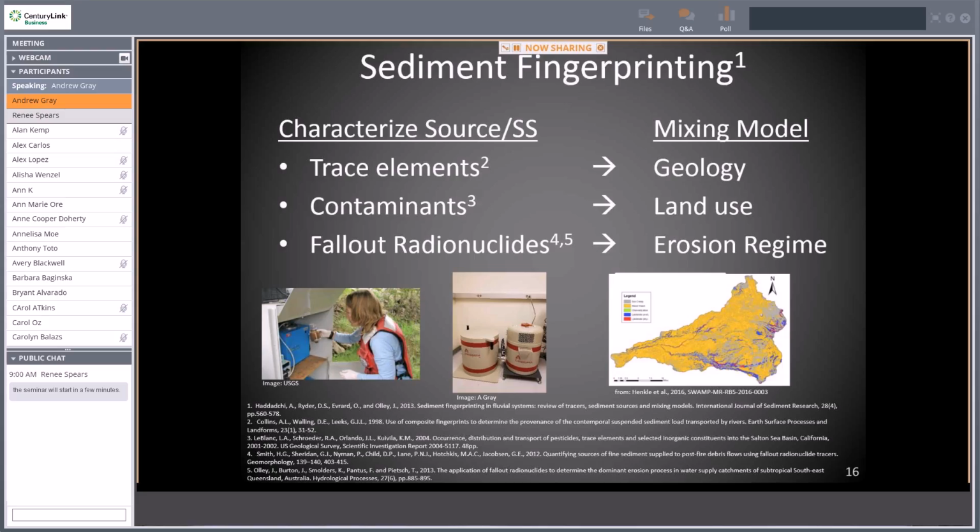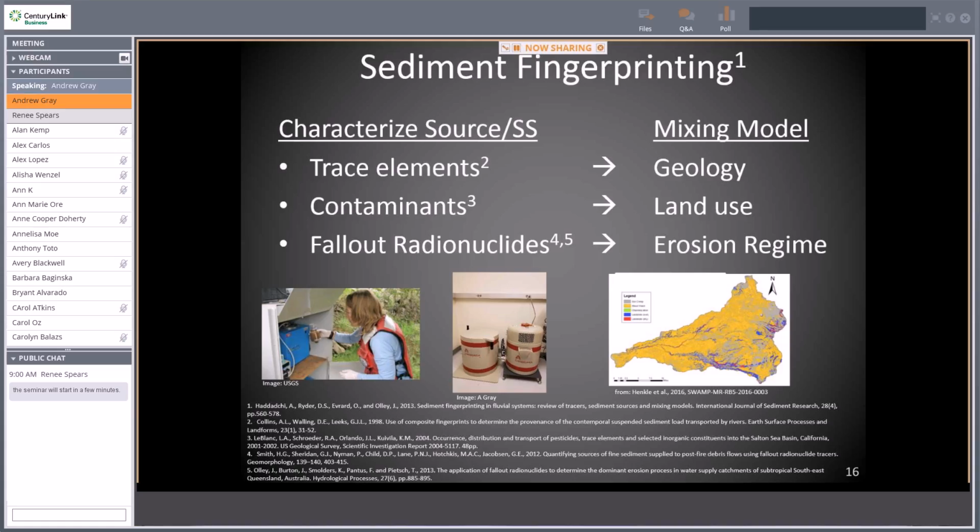So you have to go through and actually, in a distributed fashion throughout your watershed of interest, sample different reservoirs of sediment, and analyze them for whatever constituents are of interest, whether it's trace elements, if you're trying to go after substrate differences that may be present throughout the basin, or contaminants, and that may be bridged over by actually just knowing more about the broadcast of those contaminants throughout your area, whether it's agricultural use, et cetera.